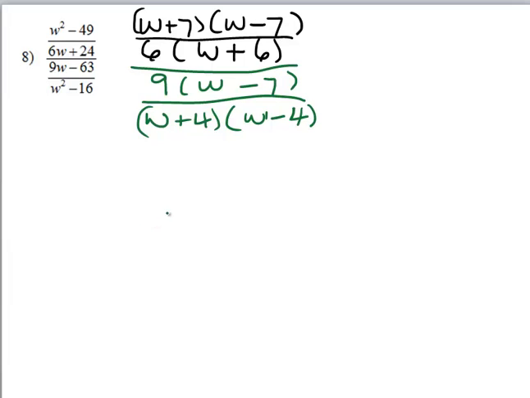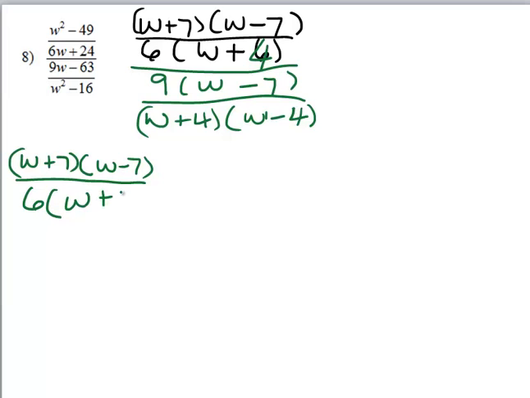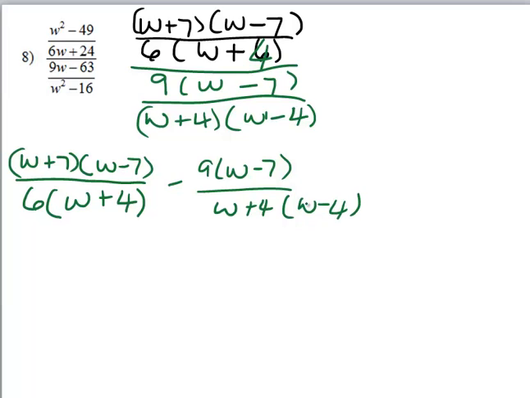So we could go either way. Let's try it the standard way. So I'm going to end up with w plus 7 times w minus 7 over, it's supposed to be a 4, 6 times w plus 4, divided by 9 times w minus 7 over w plus 4 times w minus 4.